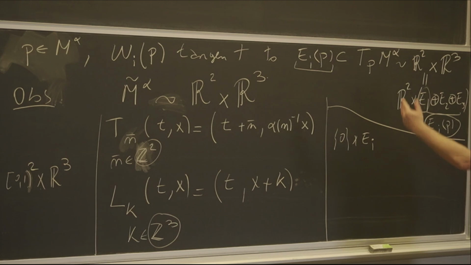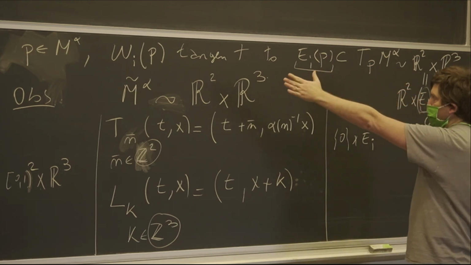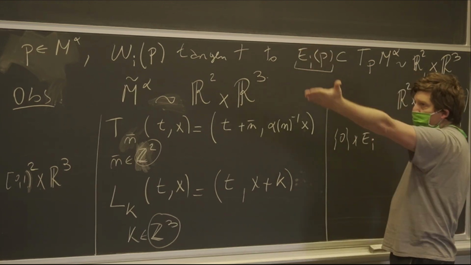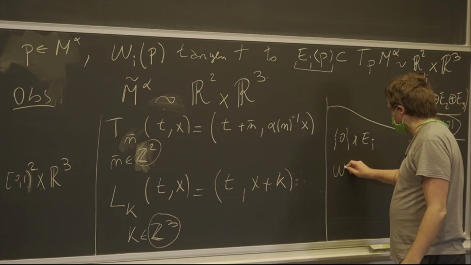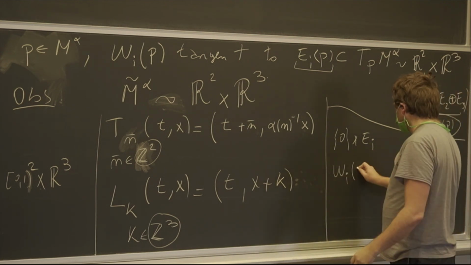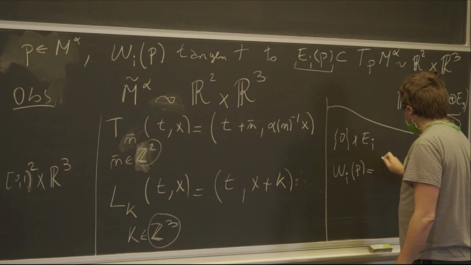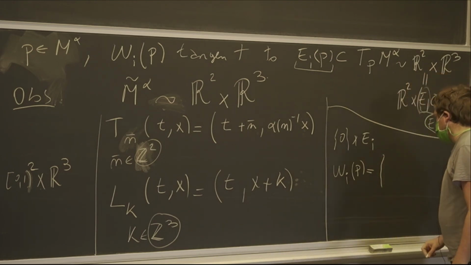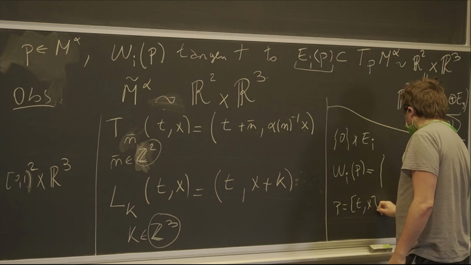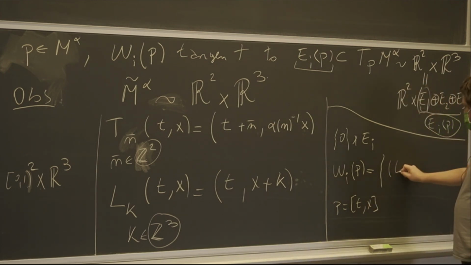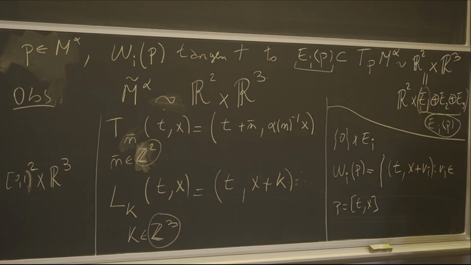Okay, so we have the WIP, which are essentially the same IAIP but projected. So we can even be very precise now that we have all the structure. So WIP are the points of the form T x plus Bi, such that Bi belongs to EI, where P is of the form T x.